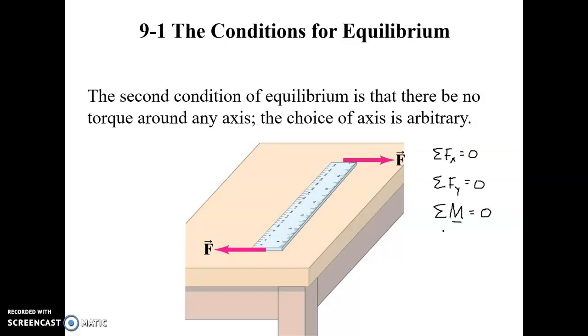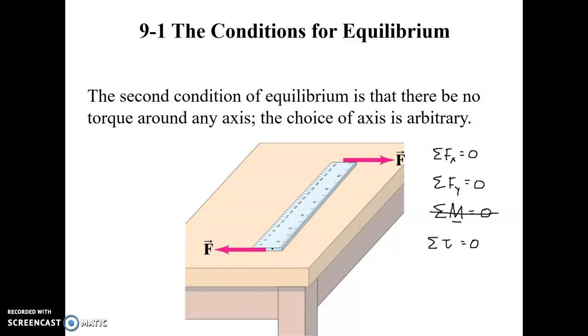Now, moments are a term that we use in statics class. Your physics textbook tends to use the term torque, which really means the same thing. It uses a tau for torque, and so in this class, we're going to say the sum of torque equals 0.